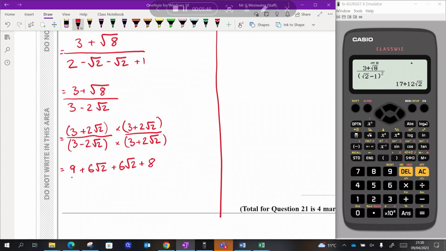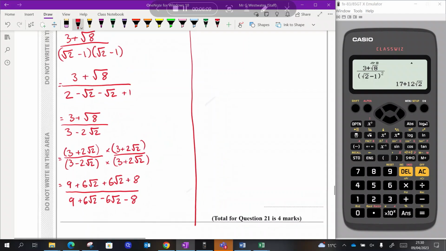And on the bottom, we have 3 times 3 for 9. We have, again, plus 6 root 2. But then we have a minus 6 root 2. That's the whole point. These two middle terms should cancel out. And then we have that same calculation, so it's going to make 8, but negative.